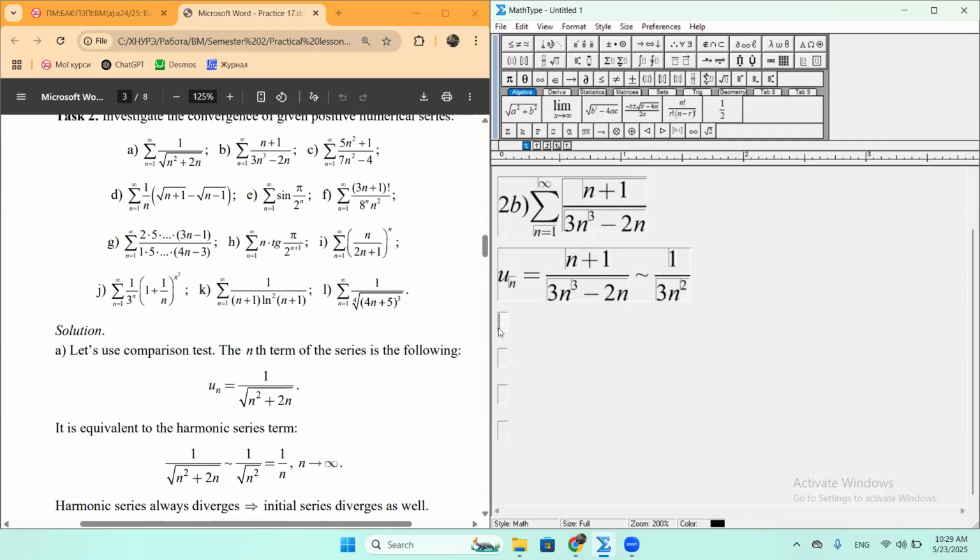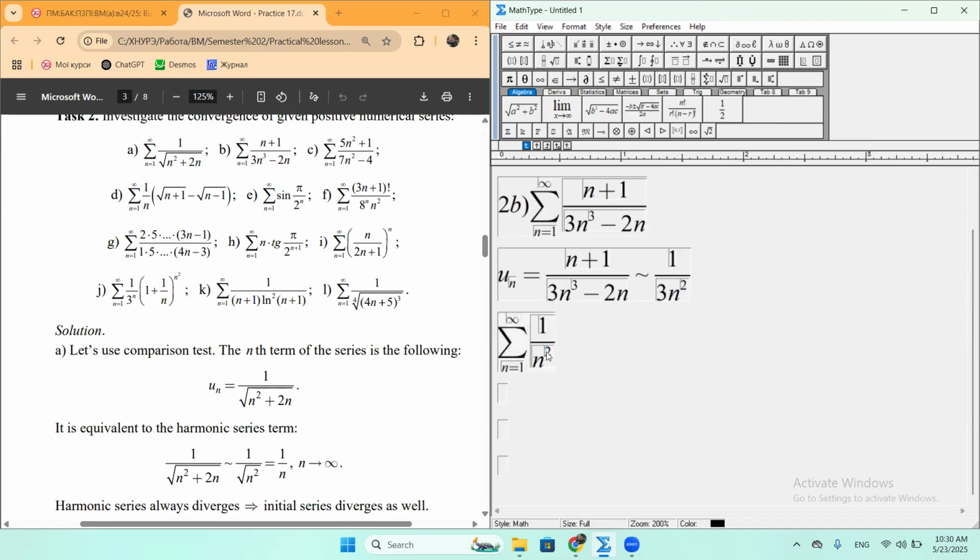Let's compare with the generalized harmonic series, which has the following form: 1 over n to the power p, and the generalized harmonic series converges when p is greater than 1.